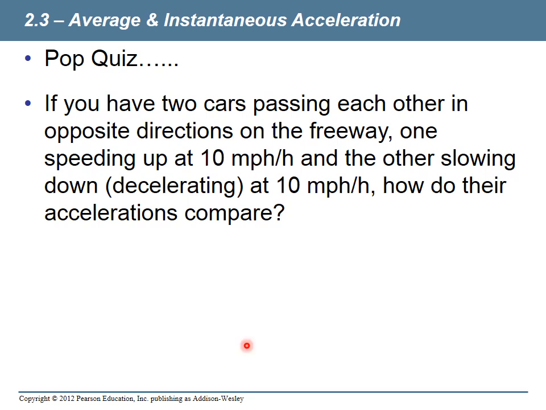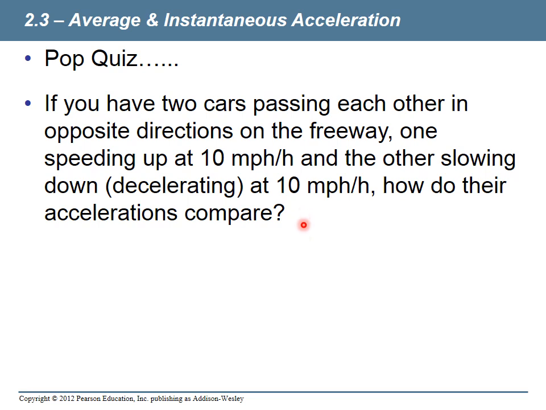So essentially, let's say we have one that starts out here and it is heading north like this, and it's accelerating. So it starts here and it starts out slow and it speeds up, right? It's accelerating in this direction, up the screen. I have another car that's traveling south like this, and it's decelerating. So it means that it's traveling south, and it was traveling fast at first, and then it slows down.